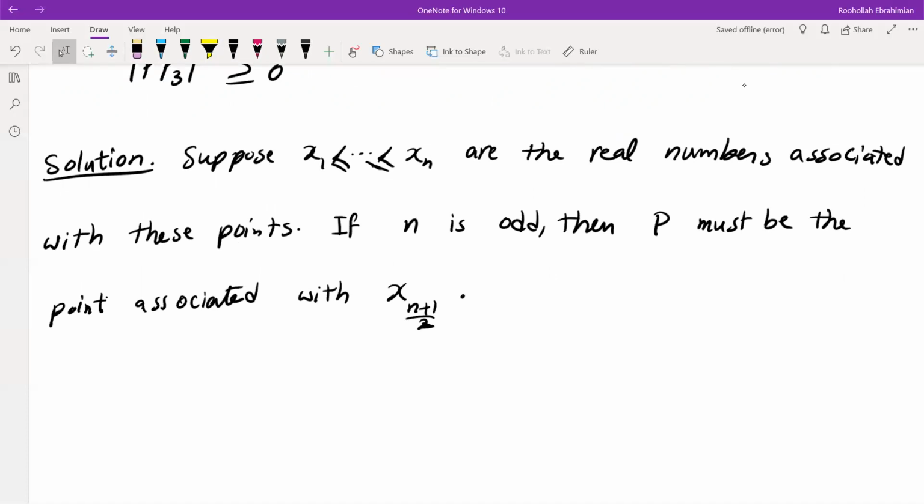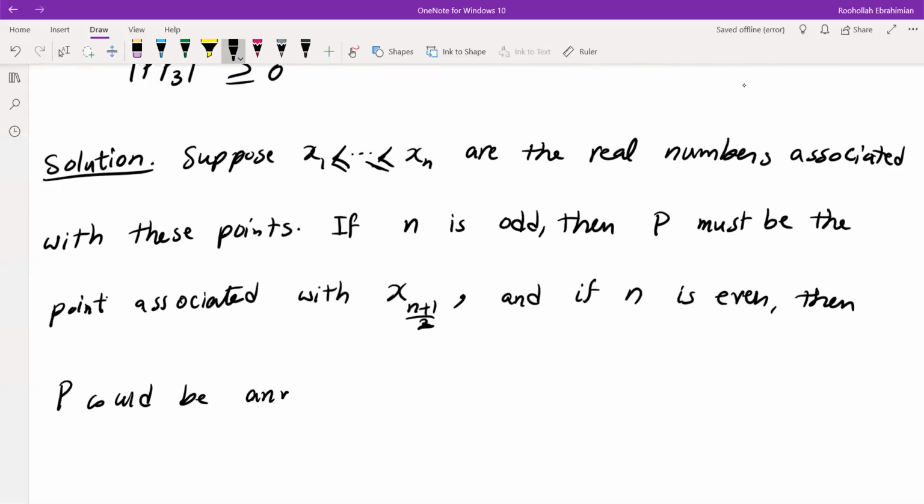It's just the midpoint. And if n is even, then P could be any point between x sub n over 2 and x sub n over 2 plus 1.